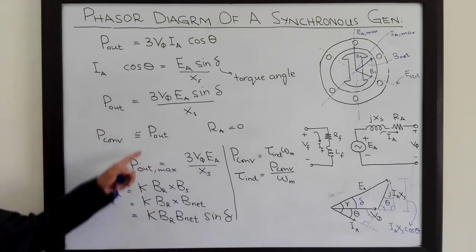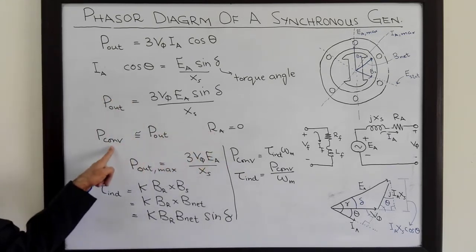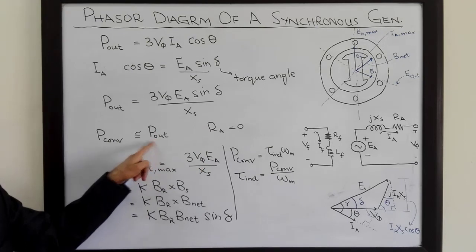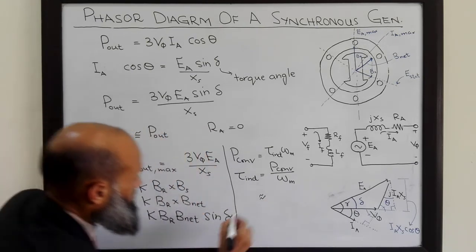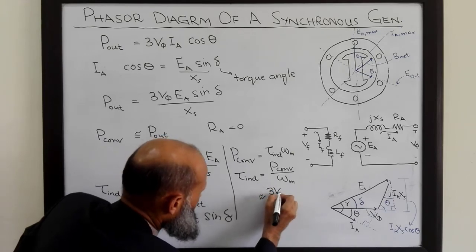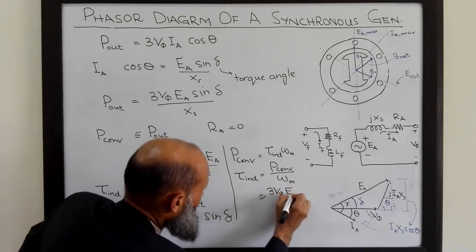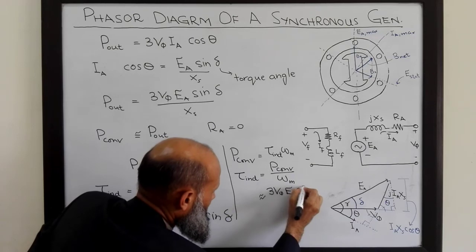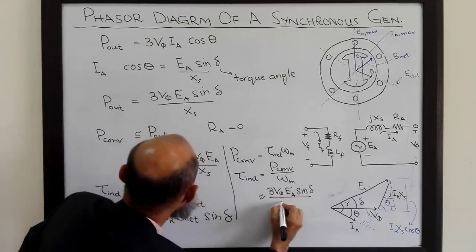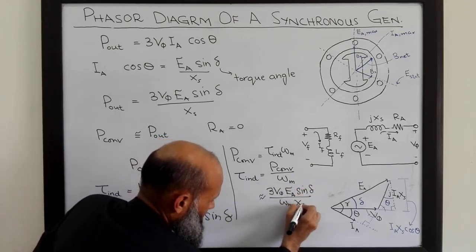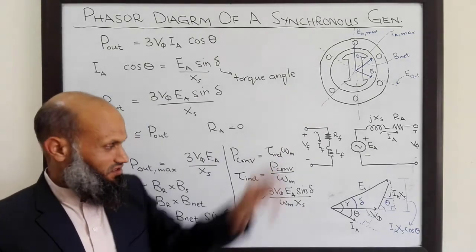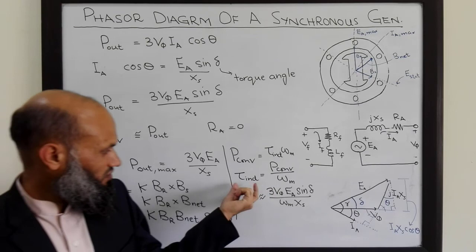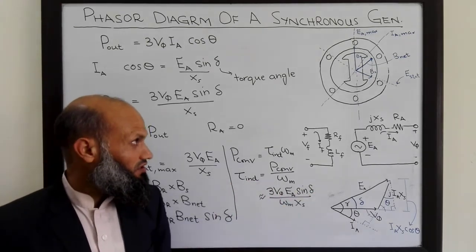And if we ignore this effect, converted power is equal to the output power, and therefore induced torque is approximately equal to 3 V phase EA sine delta over omega m XS. So this is another expression for induced torque in the synchronous generator, and this induced torque also depends upon the torque angle.